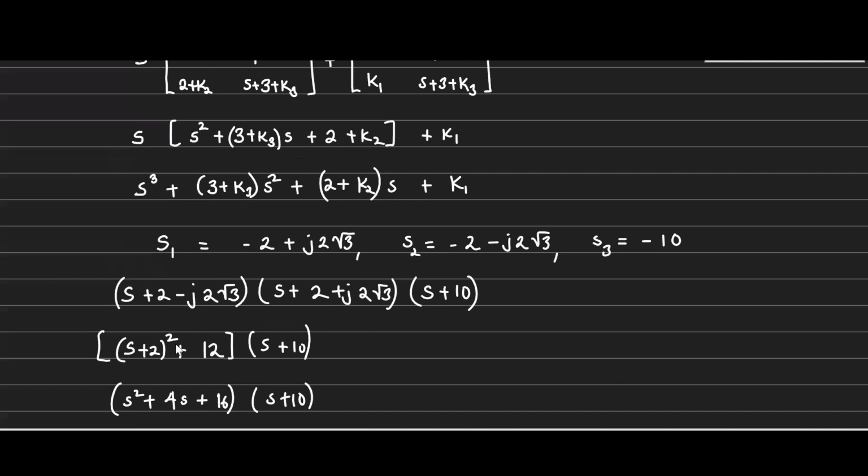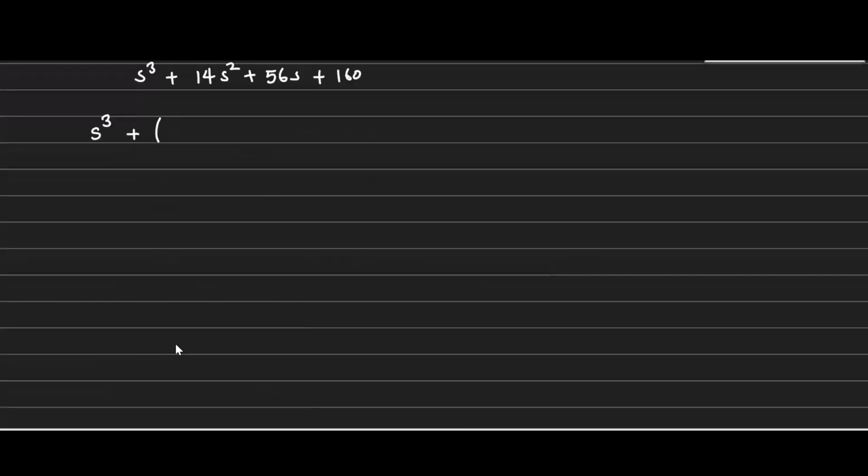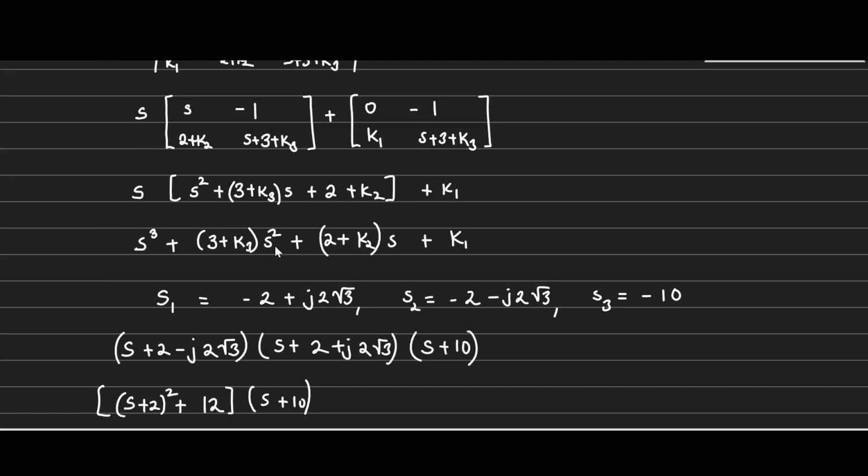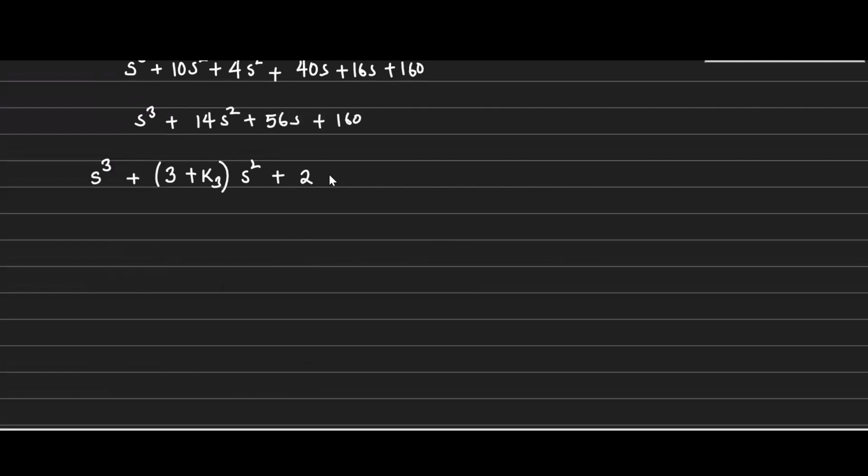That is 3 plus K3, multiplied by S squared, and then plus 2 plus K2 multiplied by S, plus K1, right? And this is equal to S cubed plus 14S squared plus 56S plus 160.